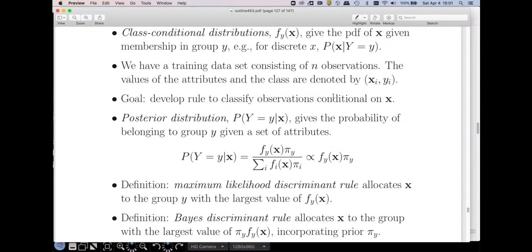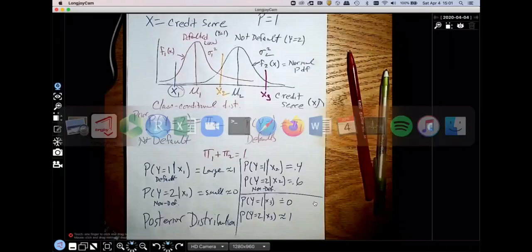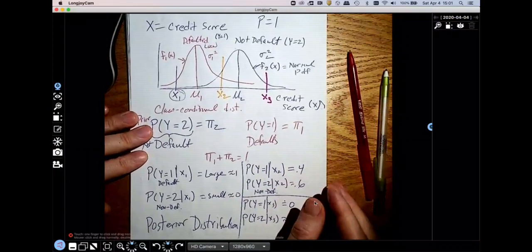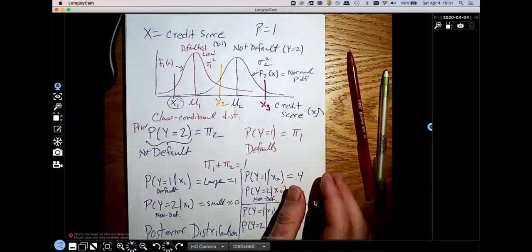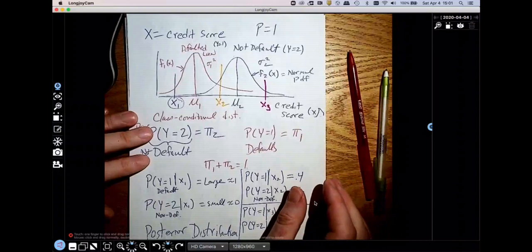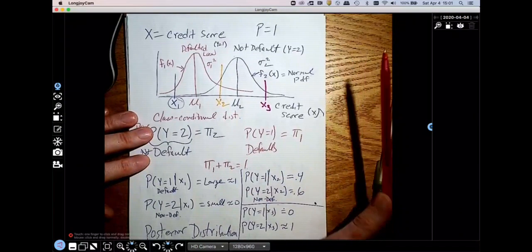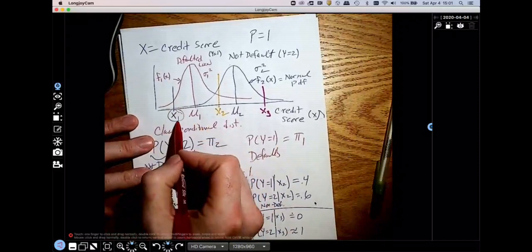So all we're going to do is go find the values of these class-conditional distributions and go make the assignment. So let's go back to my picture here for a second, and we're going to consider applying the maximum likelihood rule to my three x's. So let's look at x1 again.